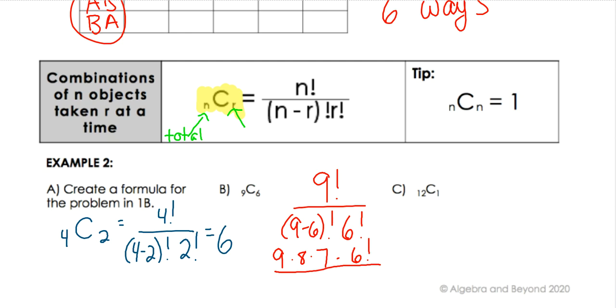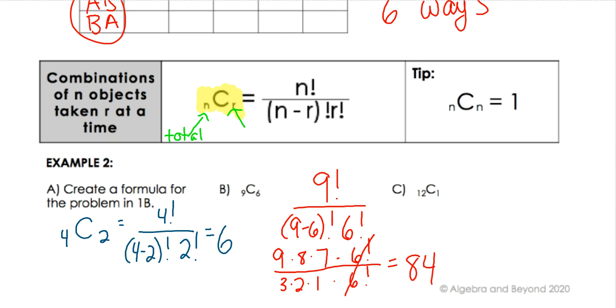And then on the bottom, we have 9 minus 6 is 3. So that would be 3 factorial times 6 factorial. So when we write it that way, we can see that the 6 factorials cancel each other out. And we're left with 9 times 8 times 7 over 3 times 2 times 1. And that simplifies out to a total of 84 ways to choose 6 items from 9.